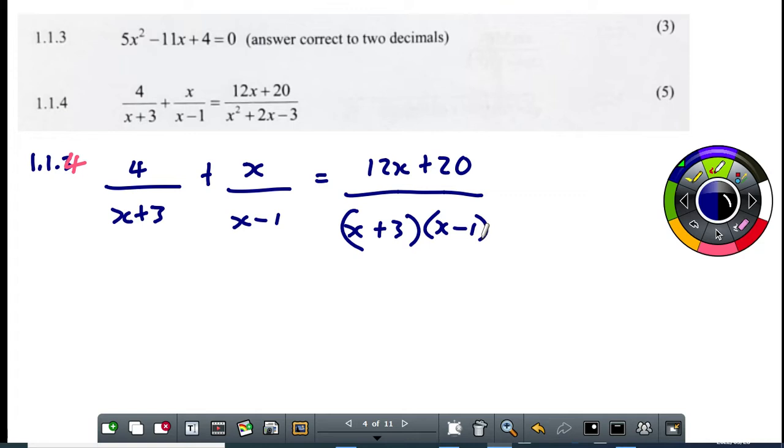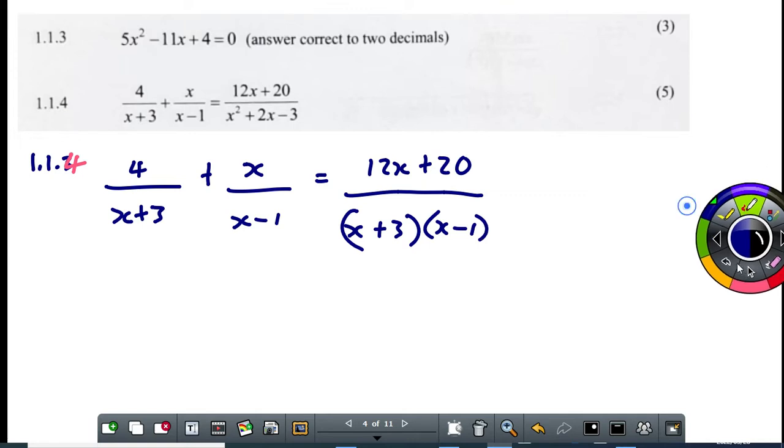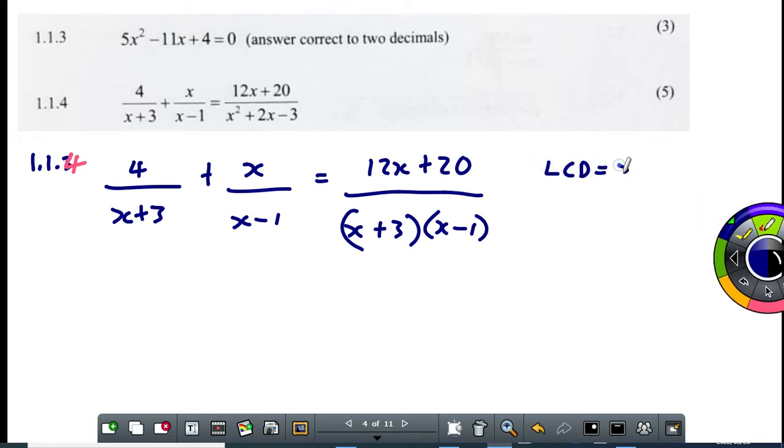Then, I'm sure you can see here that the denominator is x plus 3 times x minus 1. This is a product. And both x plus 3 and x minus 1 are part of the denominator on the right hand side. Okay, so our LCD is going to be x plus 3 times x minus 1.